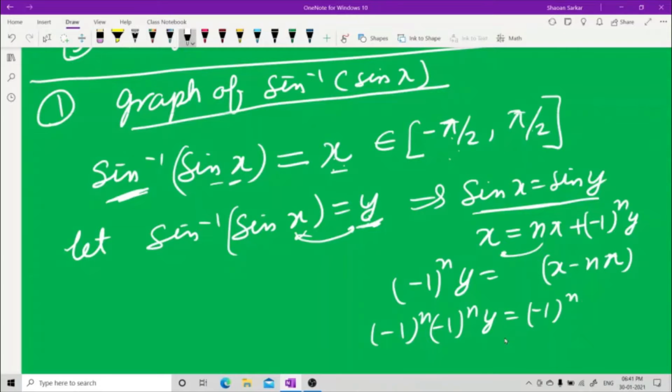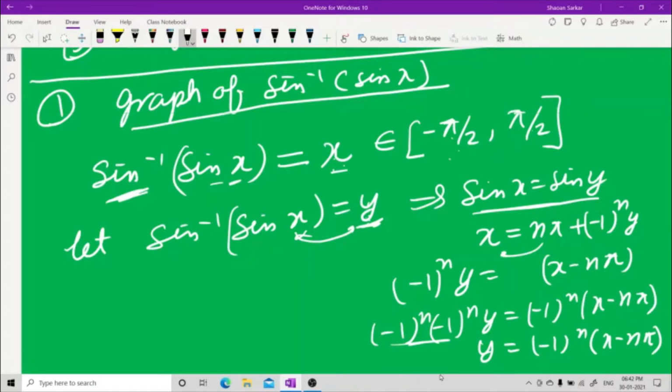Minus 1 to the power of n times minus 1 to the power of n will become positive 1. I hope now you got it. So my y will come out to be minus 1 to the power of n, x minus nπ.